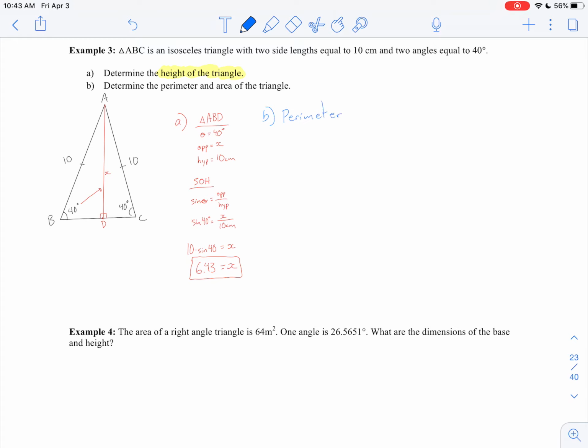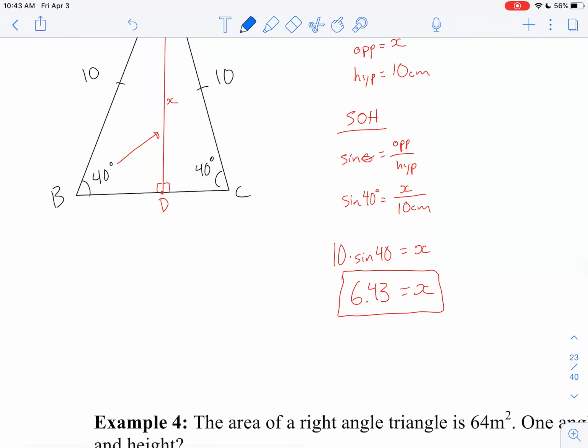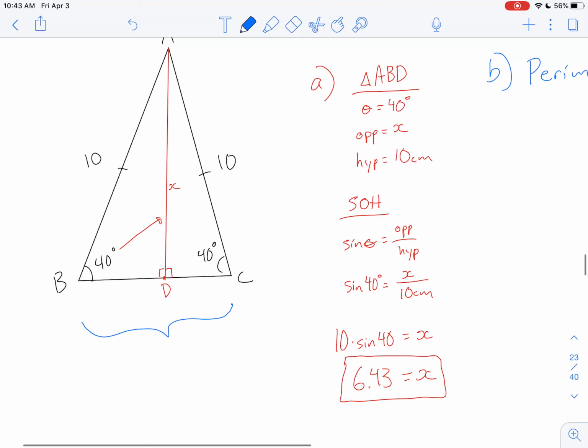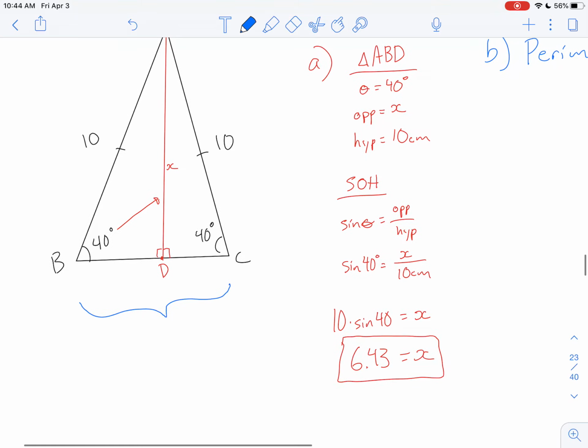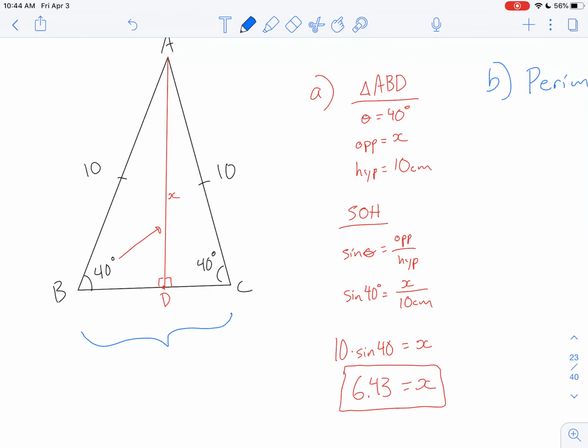So if we want to take a look at question B, we want to solve for that distance along the bottom. So I want to know how long is this side, because I know perimeter is just going to be 10 plus length BC. I can't use Pythagorean theorem on the original triangle, on triangle ABC, because it is not a right angle triangle.